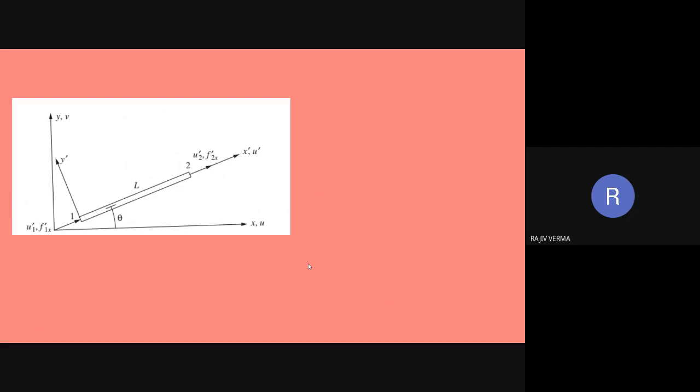The other is the global coordinate frame, that is the x and y coordinate frame, and the corresponding displacements are represented by u and v. They do not have dashes on them. So the coordinate frame associated with dashes represents the local coordinate frame, and the other coordinate frame, not associated with dashes, is the global coordinate frame.